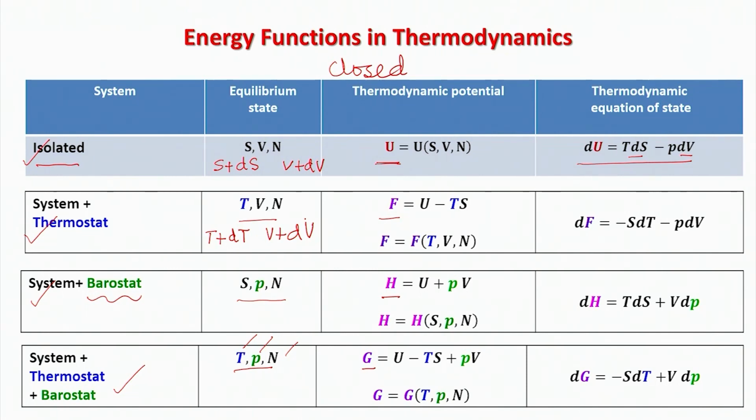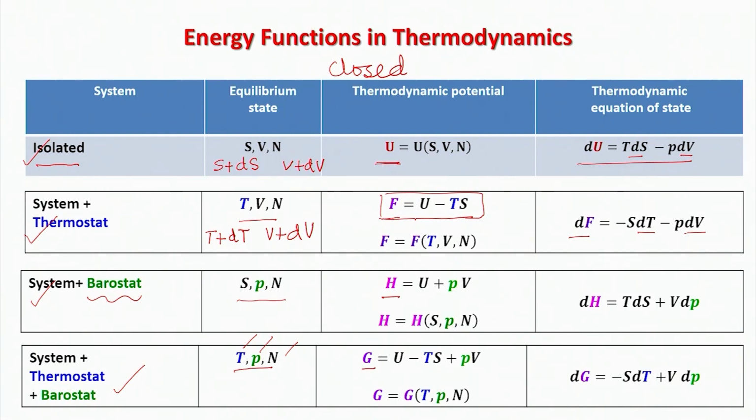Do I find an energy function which depends directly on dT and dV? Here I find that by definition, if F is equal to U minus TS, then dF depends directly on dT and dV. And therefore, I would say by definition, this F is the thermodynamic potential of the system which is present in equilibrium with the thermostat.